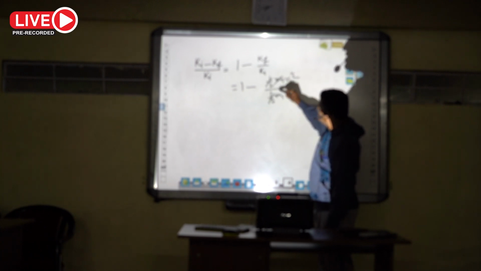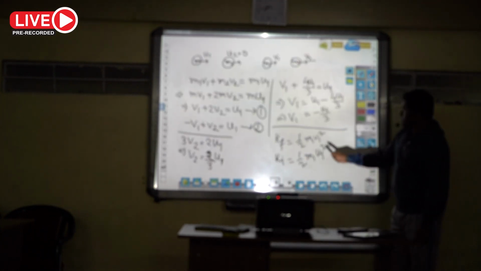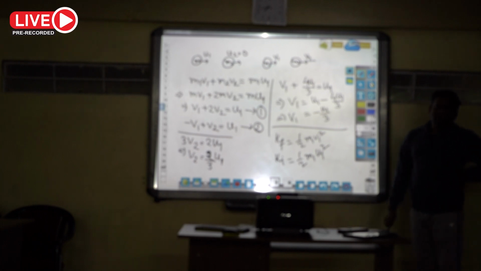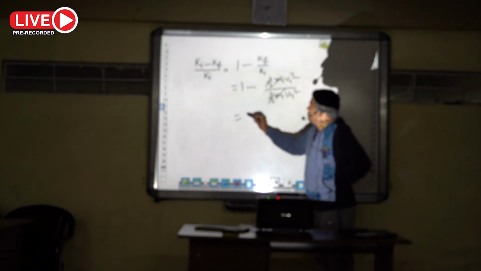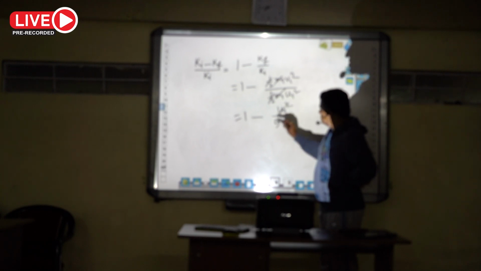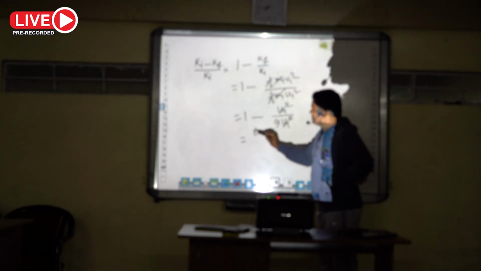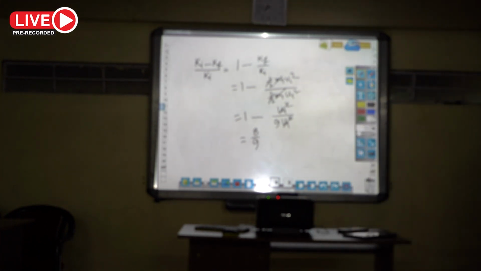So half cancels, this one cancels. Now what is v1? Minus u1 by 3, so its square will be u1 square by 9. So put 1 minus u1 square by 9 by u1 square. So it is coming 8 by 9. And if you are calculating the fraction, it is just coming 1 by 9.